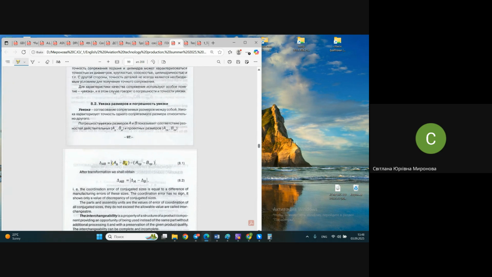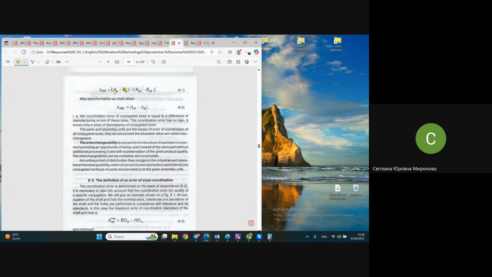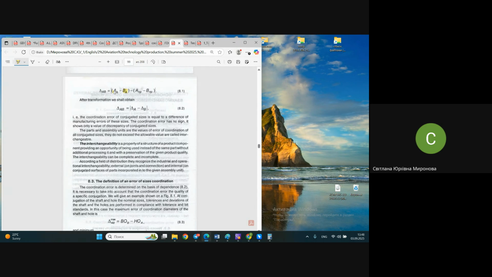Typically, we just show this not in the class of this discipline but in higher classes, in the third year: how formula 8.1 is transformed into formula 8.2. If you'd like, you may do it on your own or just trust my word. It's simple, just a recomposition of the formula. Finally, you will see that it's object A real minus object A nominal minus object B real minus object B nominal.